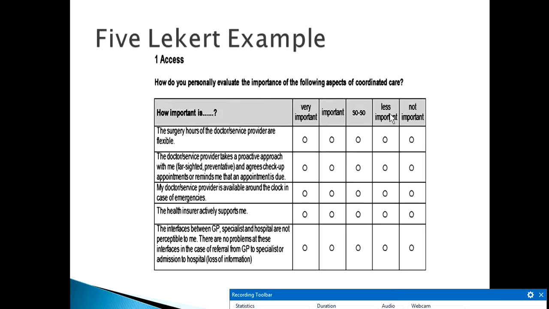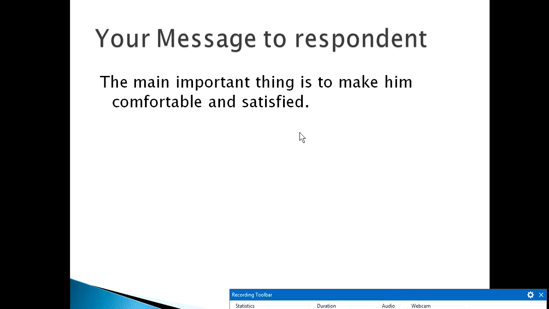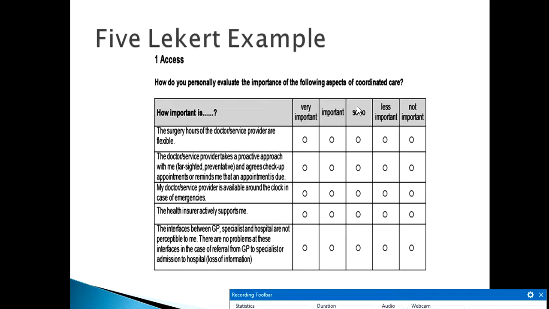And here also we can see another example of the 5-point Likert scale, 1, 2, 3, 4, 5. The first one, very important, will take 5, important 4, and so on, neutral will take 3, and here 2, and here, which is not significant, will take 1.